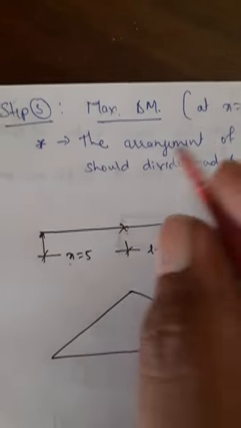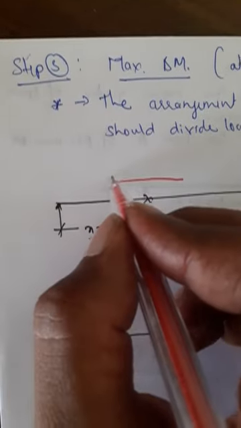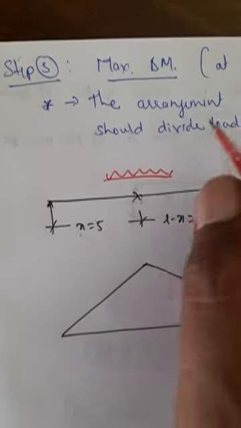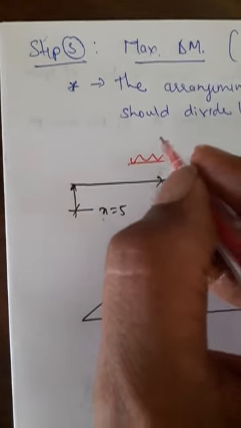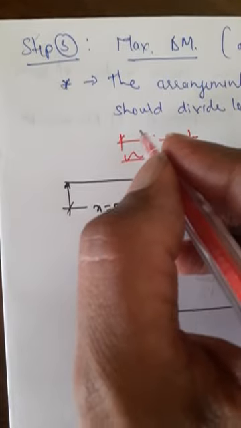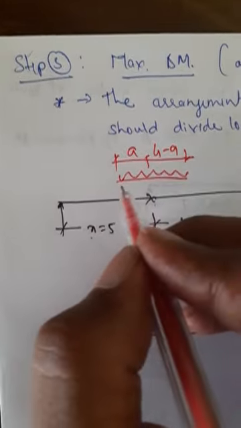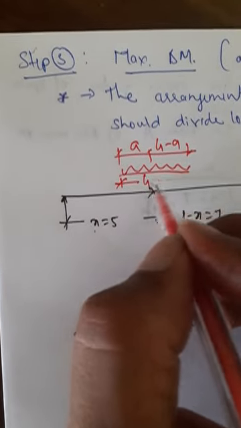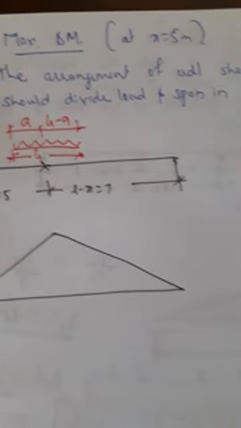So I have to put the UDL in such a way that 5 by 7, this should be equal to, let this be A, this is 4 minus A, because this span is 4. So this ratio should be same.